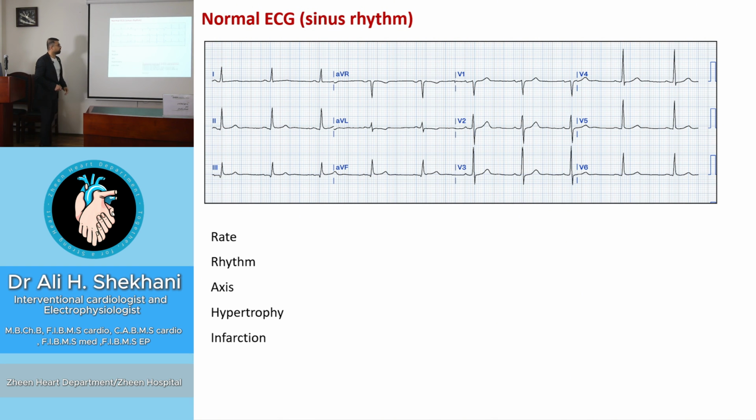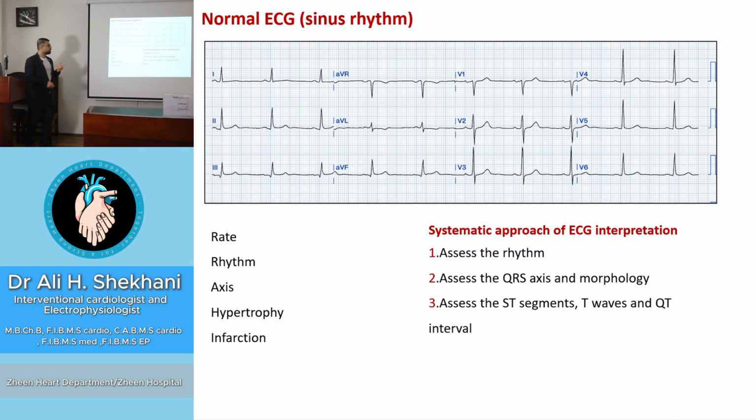In my opinion, the ECG should be interpreted in such a manner. I divide it into 3 steps. Step 1 is to assess the rhythm of the ECG. For the rhythm, you have to look for the P wave. If it is positive in the inferior and lateral leads, it means there is sinus rhythm.